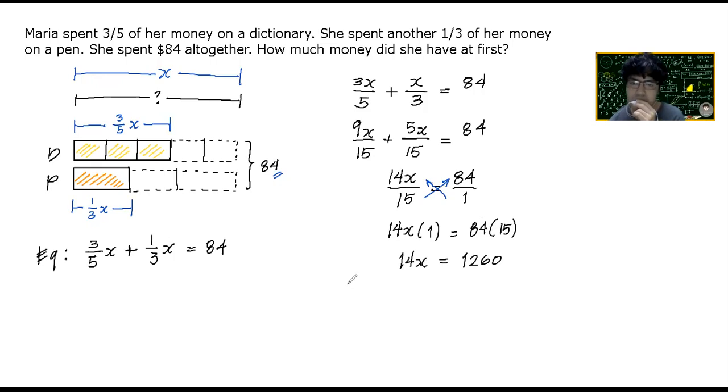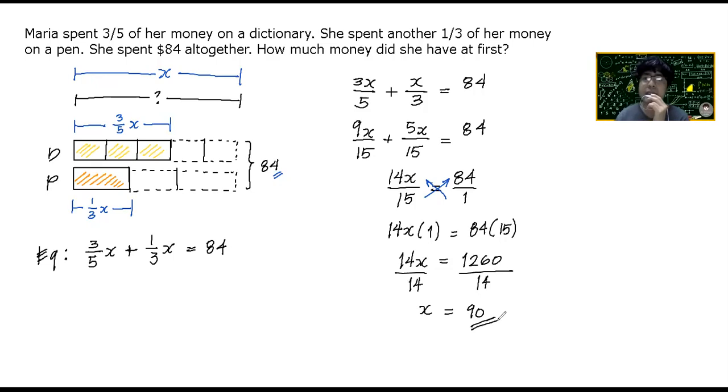Since 14 is the coefficient of x, we need to divide both sides by 14. 14 divided by 14 is 1x, and 1260 divided by 14 is 90. This will be the value of x.